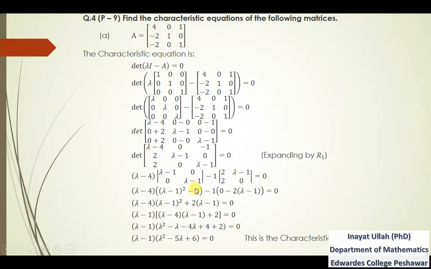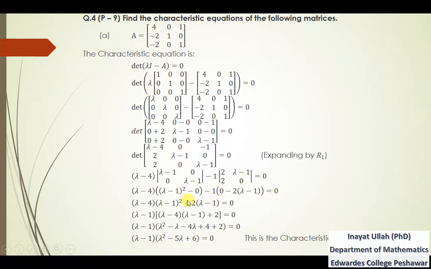And the determinant of this 2 by 2 matrix is this into that, lambda minus 1 into lambda minus 1 is lambda minus 1 whole square, minus 0 minus 0 is 0, minus 1, 0 into 2 is 0, minus 2 into lambda minus 1 is equal to 0.